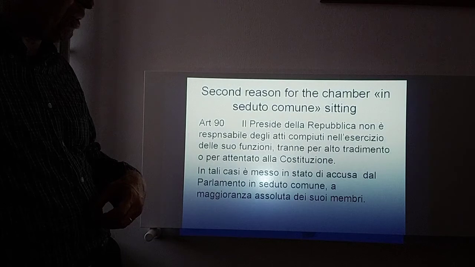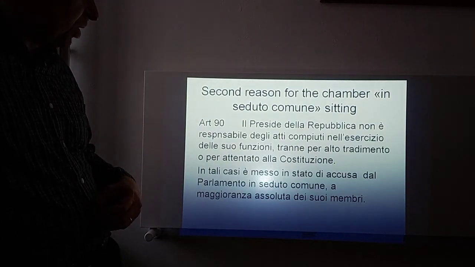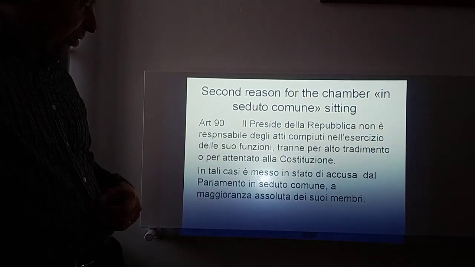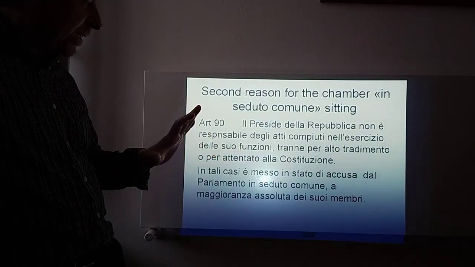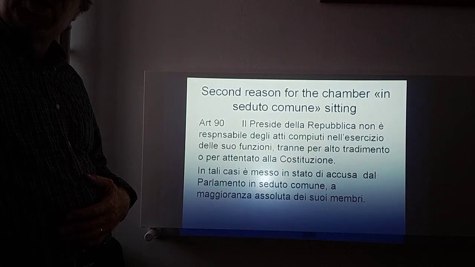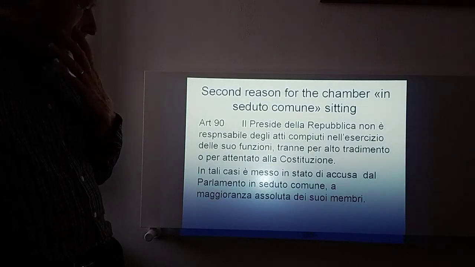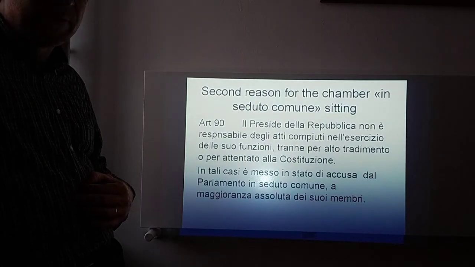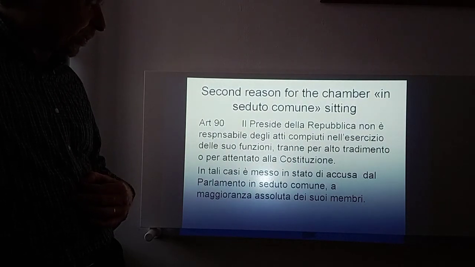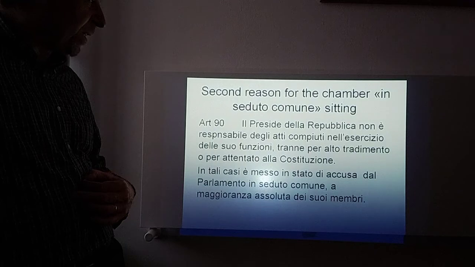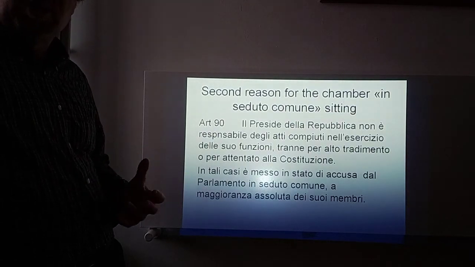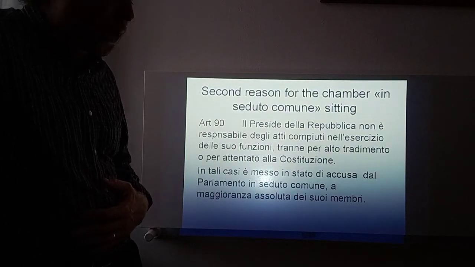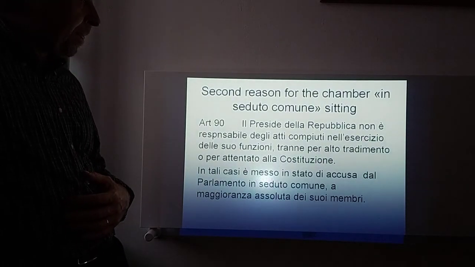Did he betray the Constitution or make an attempt against the Constitution? So this is just to accuse him. But that's another role they have, of sitting in judgment on whether the president should be put on trial or not.